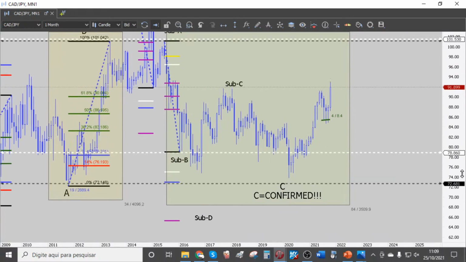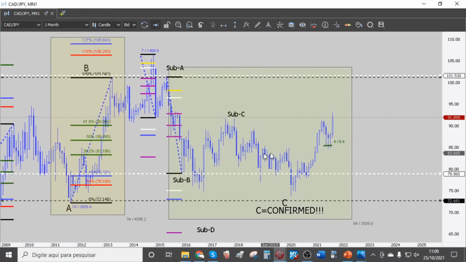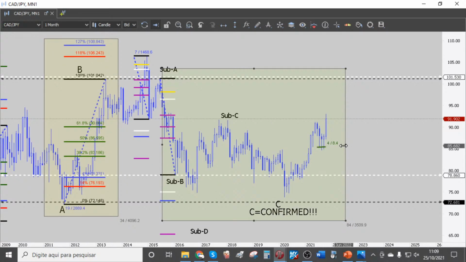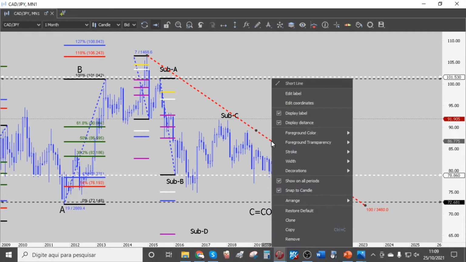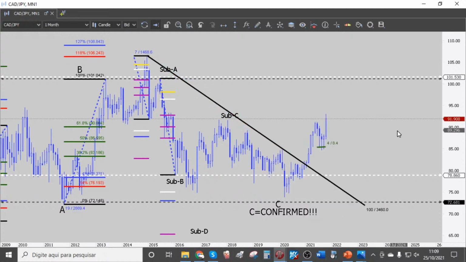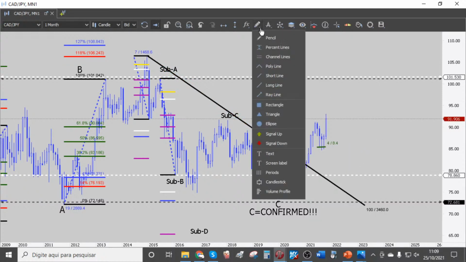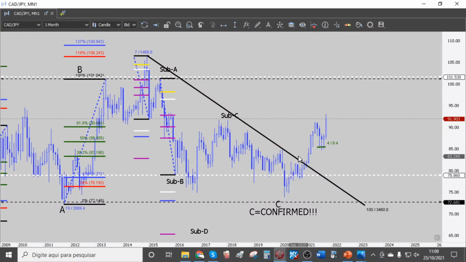So we have a confirmed C. Now we're going to delete, or we're going to leave it, it's okay. And the entry, the best entry, so this is the counter trend line, this is the downtrend line, and our entry from the monthly standpoint was here.